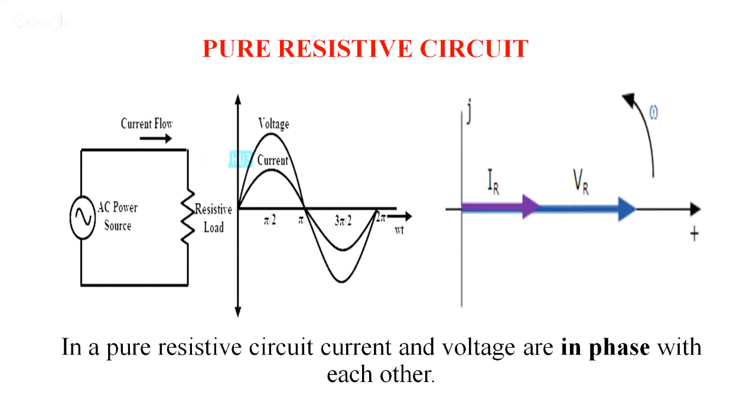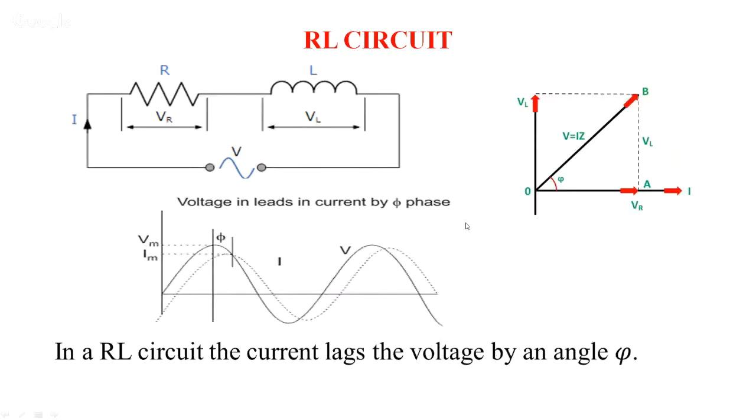So next, in a pure resistive circuit, as we have just studied, current and voltage are in phase with each other. So in case of an RL circuit, here you can observe in the resistive part the voltage and current are in phase, whereas the voltage across the inductor, that is VL, is at 90 degrees, and since it is a combination of both, we have to take the resultant.